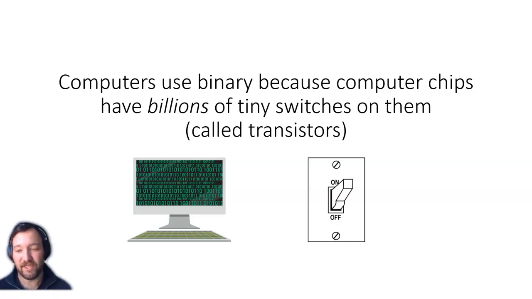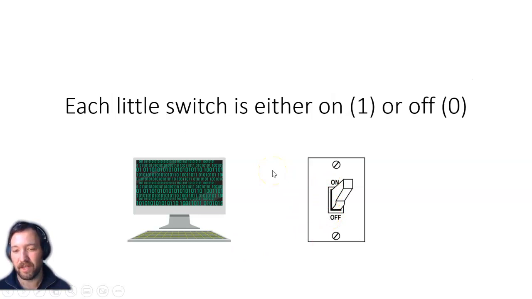And when you have a switch, how you encode information is your switch is either on or it's off. And this is where the 0 and the 1 come from. If the switch is on, it's a 1. If the switch is off, it's a 0. So the actual physical hardware in the computer is built of these little transistors, these little switches. And so to represent numbers then, the switches are either on, 1, or off, 0.